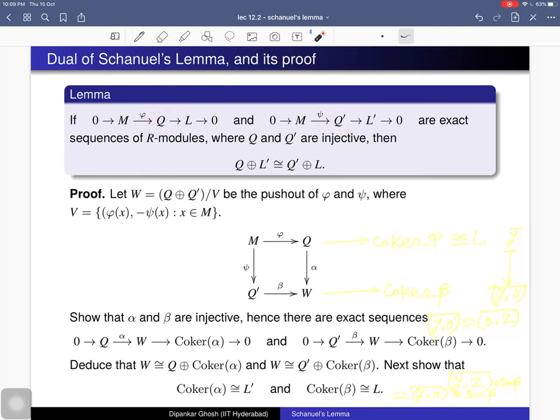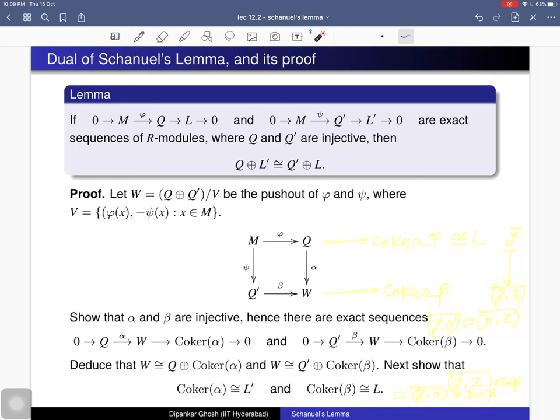One of the equivalent conditions was that any short exact sequence starting with an injective R module is a split short exact sequence. So, since Q is an injective R module, this is a split short exact sequence, therefore, this middle one is isomorphic to Q direct sum co-kernel of alpha. And for the same reason, since this is an injective R module, we have this isomorphism. This middle one is isomorphic to Q prime direct sum co-kernel of beta.